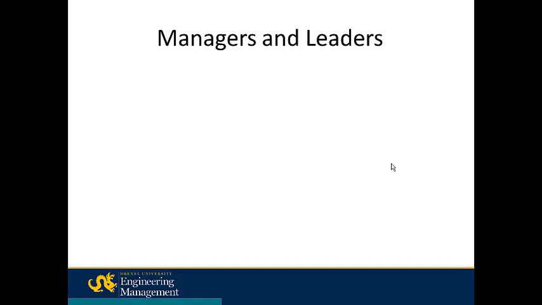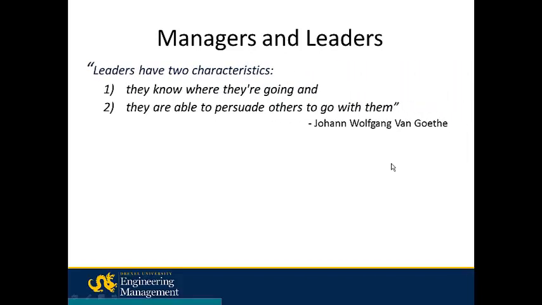Now, one of the things that I found is that there are 3 quotes that describe managers and leaders that I use consistently in my teaching, and I hope these quotes will resonate with you. The first one is from a philosopher by the name of Johann Wolfgang von Goethe, and he said that leaders have 2 characteristics.